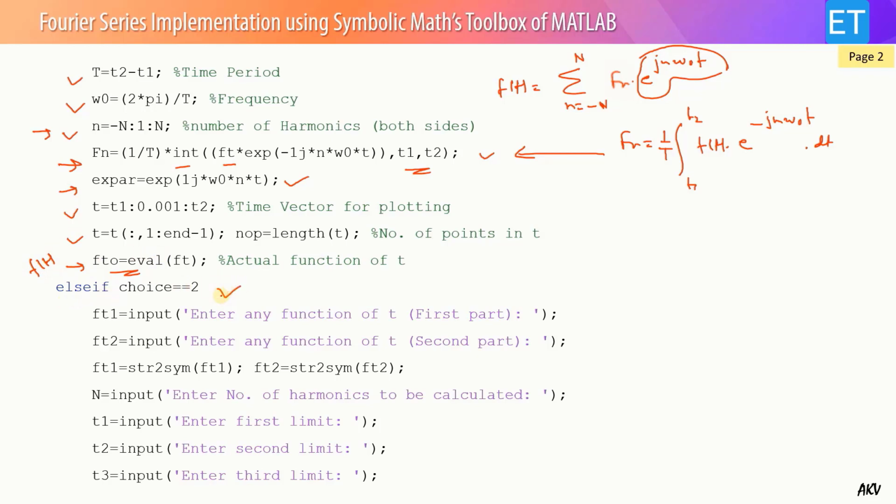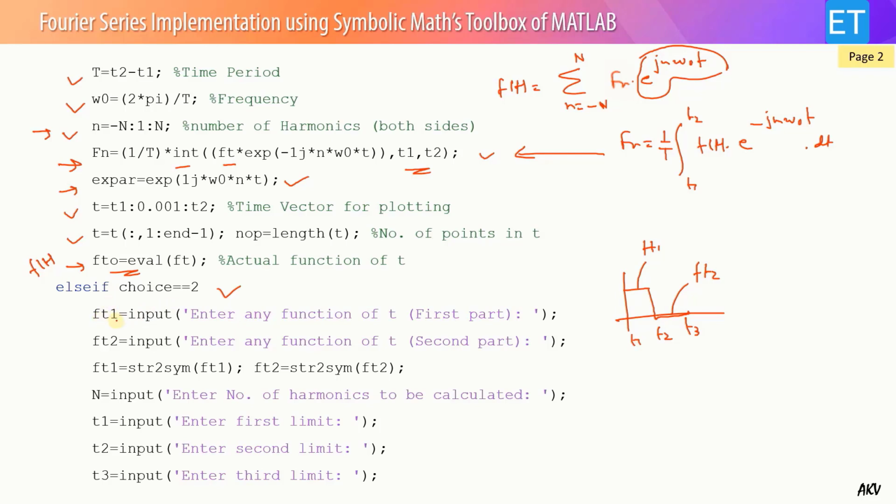Now this is the code for choice 2, where you enter your two-piece functions. Two-piece functions like this. Okay, so this is your t1, this is your t2, and this is your t3. So you have to enter the function in two pieces. So this is your first part of function ft1, and this is your second part of function ft2.